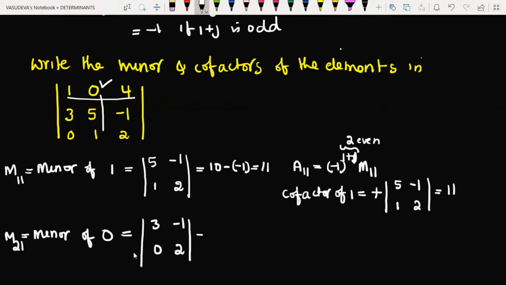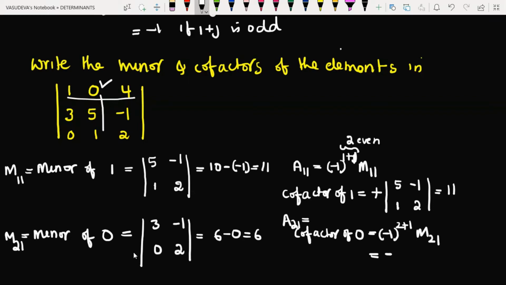Taking the determinant, this gives 6 minus 0 equals 6. Now the cofactor of 0, we can write this as A12, is equal to (-1)^(1+2) times M12. So 1 plus 2 is an odd number, therefore minus, and this M12 is 6 here, therefore it is -6.